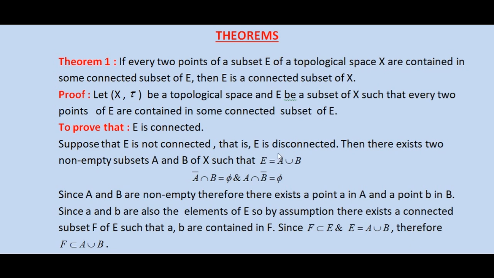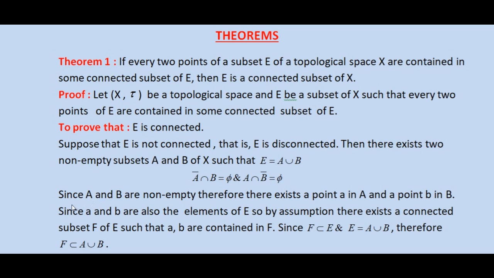That means E is disconnected. Then by the definition of a disconnected space, there exist two non-empty subsets A and B of X such that E is equal to A union B and A closure intersection B is equal to phi and A intersection B closure is equal to phi. A and B are non-empty sets.